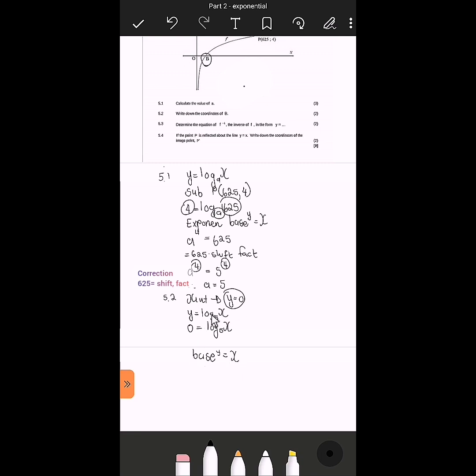Therefore, we're going to have base 5 to the power of y, which is 0, equals x. 5 to the power of 0, or anything to the power of 0, equals 1. Therefore, we have x equals 1. And since we had already determined that y equals 0 according to the x-intercept rule, the coordinate of B is (1; 0).